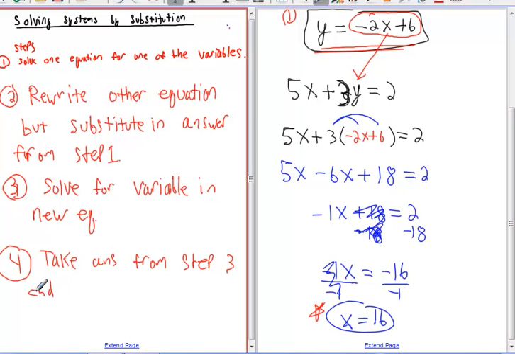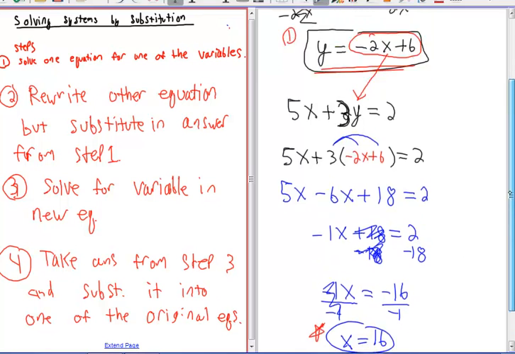And substitute it in or into one of the original equations.